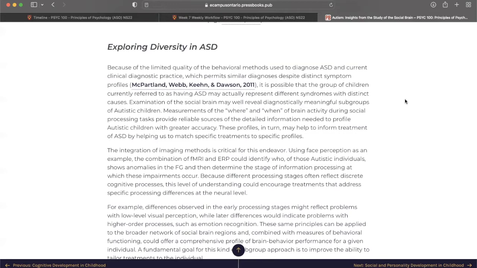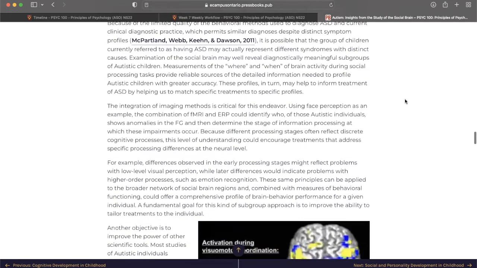Examination of the social brain may well reveal diagnostically meaningful subgroups of autistic children. Measurements of the where and when of brain activity during social processing tasks provide reliable sources of the detailed information needed to profile autistic children with greater accuracy.